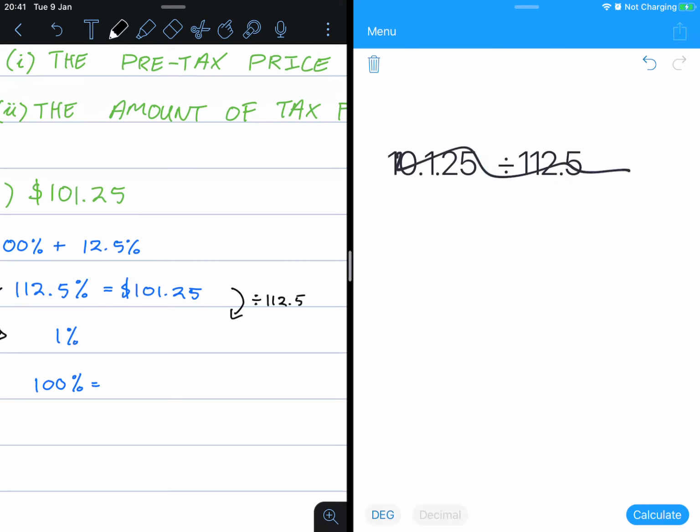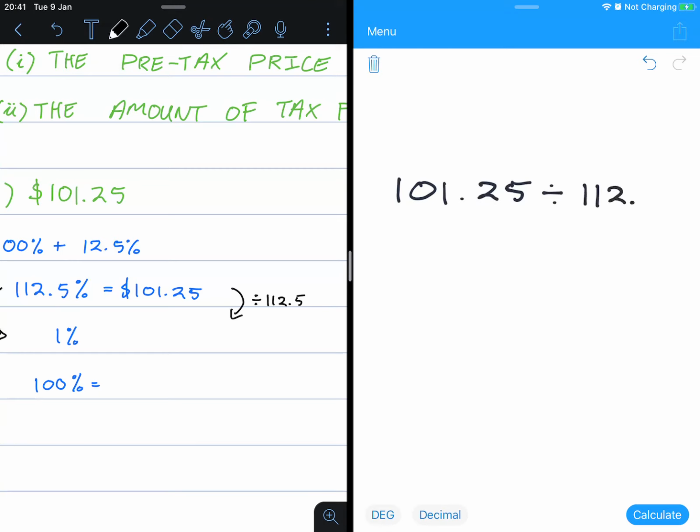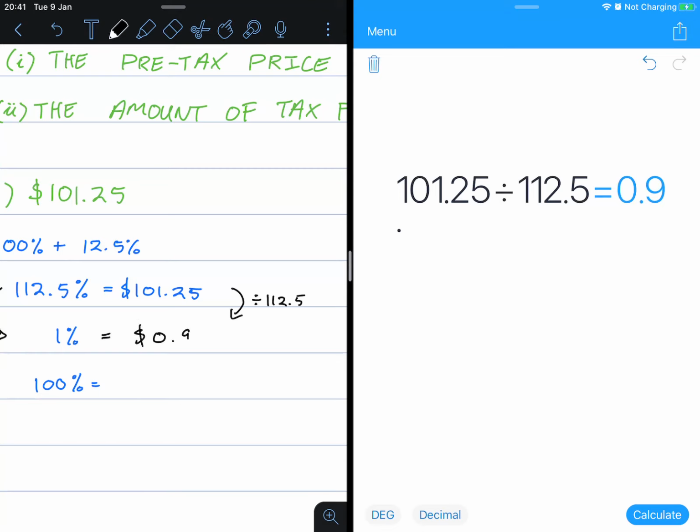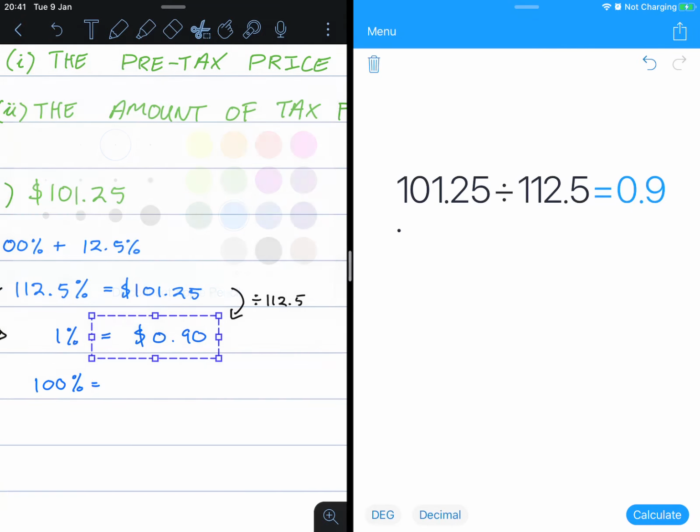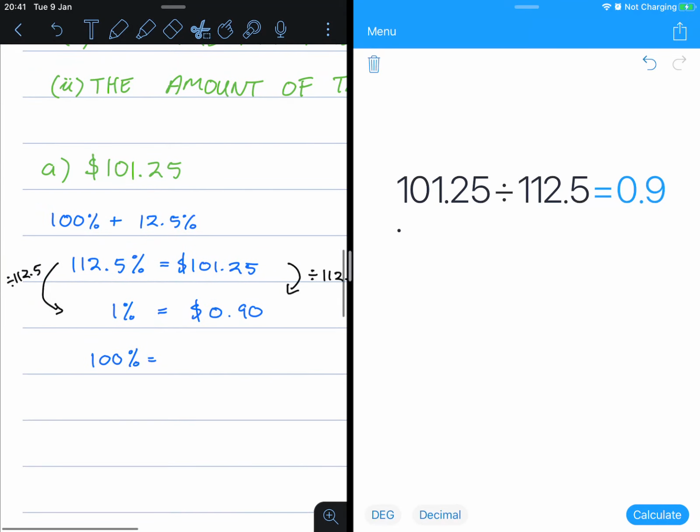Whoops. Try this again. 101.25 divided by 112.5. That's 0.90. Now that we have 1%, to get to 100%, we multiply by 100.